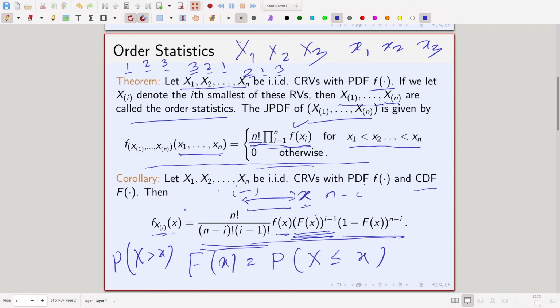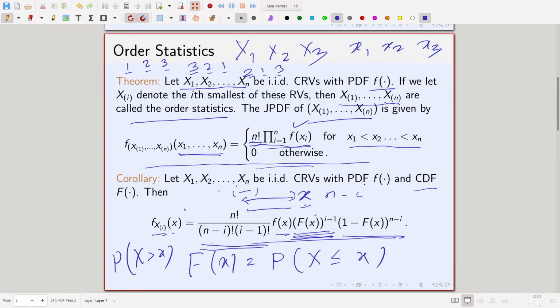For all such groupings, you will get that the ith minimum is x, i minus 1 are less than x, and n minus i are greater than x. So you have to choose which ones will be among the first i minus 1 and which ones will be in the later n minus i. Given n things, how many ways can you form such groups? Again, that's just permutation and combination: n factorial divided by (n minus i) factorial times (i minus 1) factorial. That gives you this density.